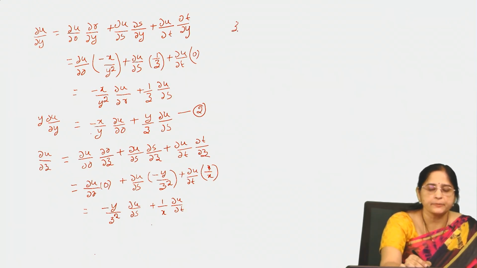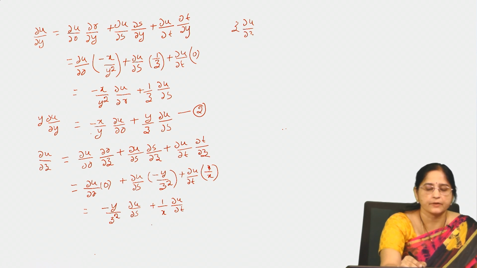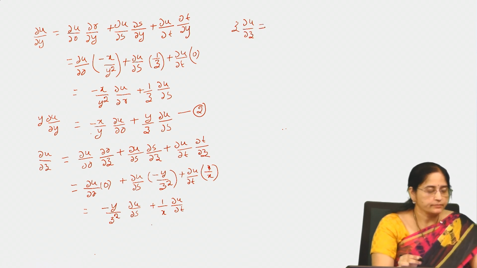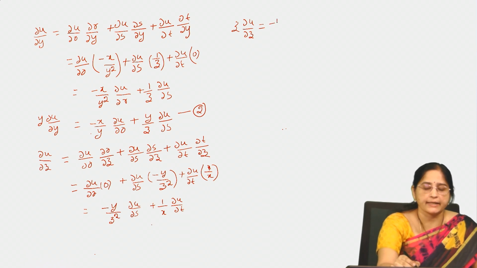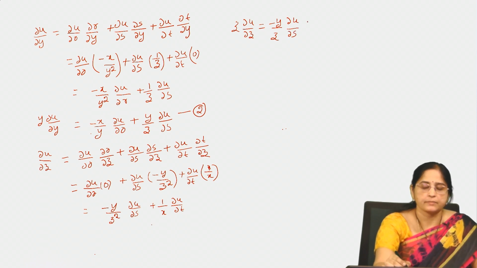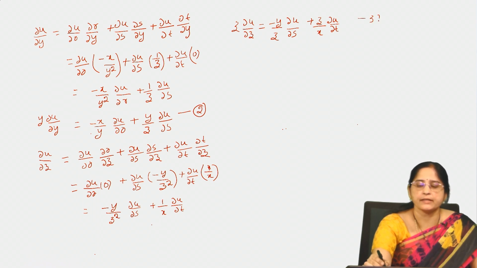Z into dou u by dou z equal to, so this z is cancelled, we are getting minus y by z into dou u by dou s plus z by x into dou u by dou t. Take this as equation 3.